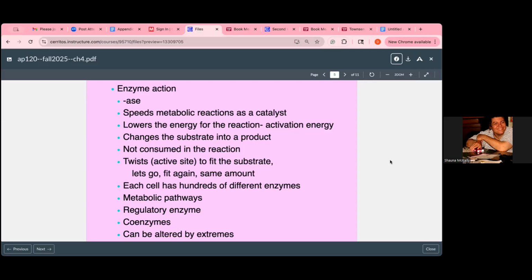So temperature, heat, radiation, pH, and energy levels, right? Those are the big four. There are other ones. And sometimes enzymes can be influenced by other enzymes, which is what coenzymes are for.